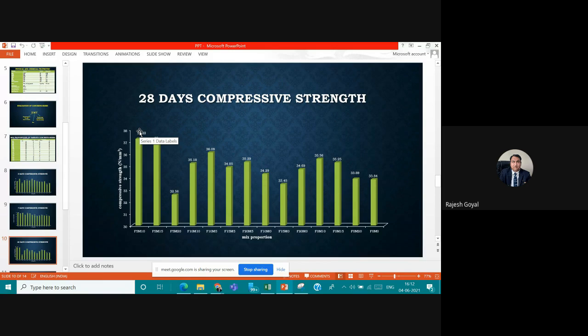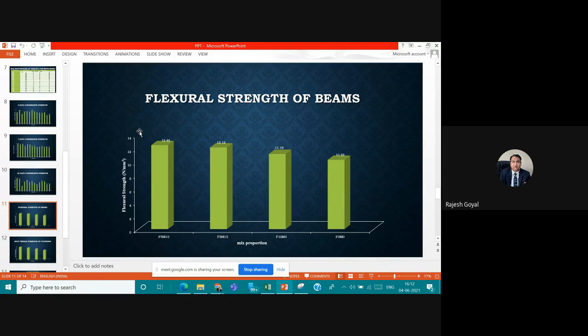Likewise, for the flexural strength of the beams, the beam of standard size, we know it is 100 by 100 by 500 as per codal requirement. It was not taken for all the mix designs or all the blends of concrete, only for particular mixes which were showing good compressive strength.